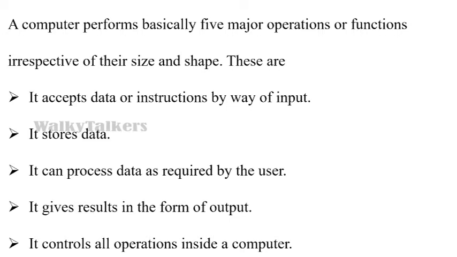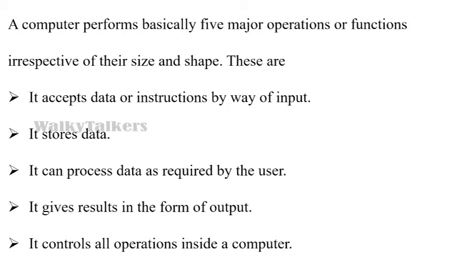What instructions we give will decide what processes are to be done to the input data. It gives the result in the form of output. And it also controls all the operations inside a computer. So those are the five major operations and functions of all computers. It does not matter what their shape or size is.